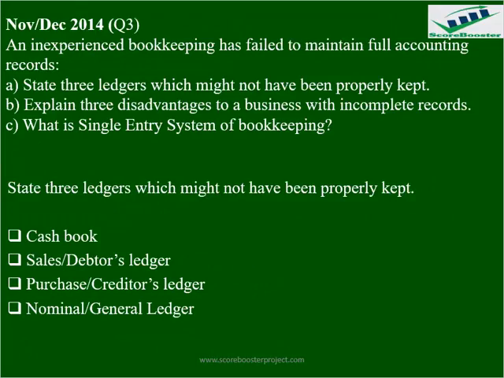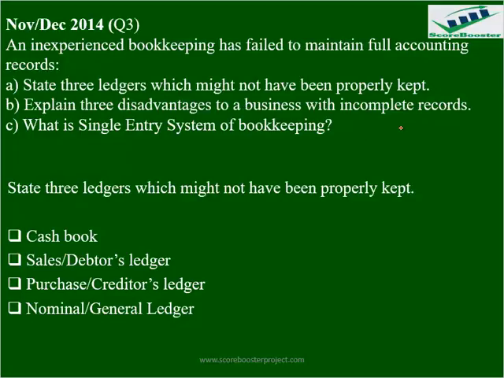Then also in November 2014, question number 3, the examiner also asked in the WAEC exam that an experienced bookkeeper has failed to maintain full accounting records. State 3 ledgers, of course we have not done ledgers, but we are going to do it later on. Explain 3 disadvantages of a business with incomplete records.